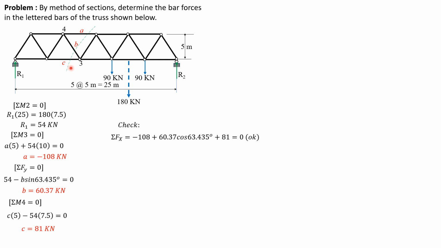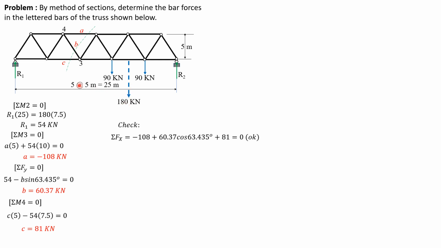So first, we have to sum up moments about 2 to solve for R1. These two loads, 90 kilonewtons each, can be represented by a single force acting exactly in between them, so this is 180 kilonewtons.